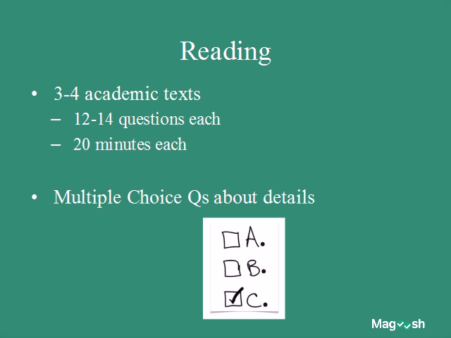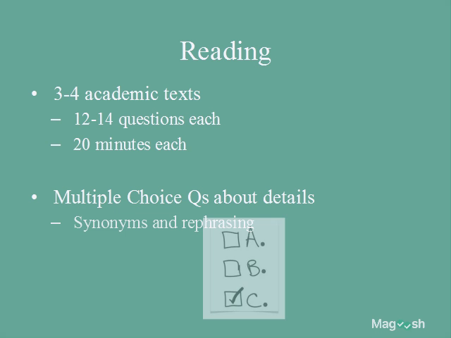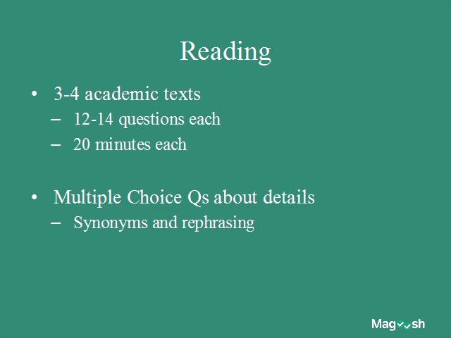The first 10 or 11 questions in a section are all multiple choice. The most common things that you need to answer those questions are synonyms and rephrasings of what was in the text. Because, as I said, all the information to answer the question is in the text. Now, think about this. If the people who make the TOEFL just use the same words in the answer choices, that makes it really easy because you just find the same words.